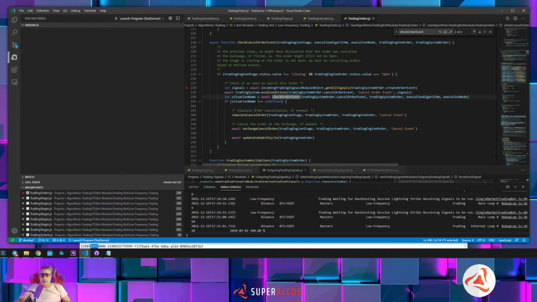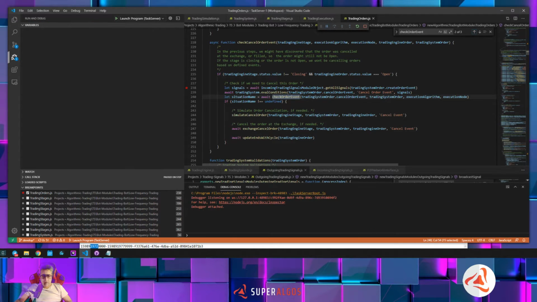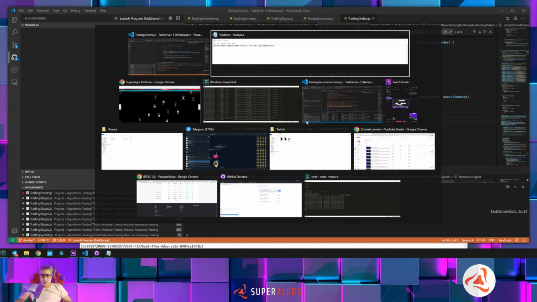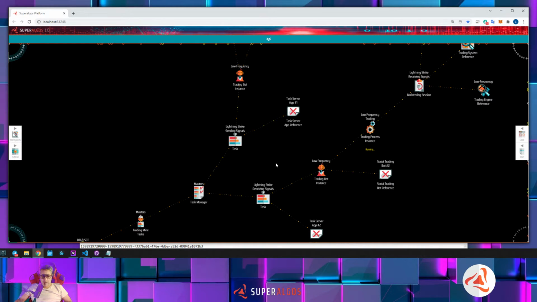So at exactly the same place with the same breakpoint, we can run this guy and see what is going on. We already have here the key that the other is going to look for. So let's do it.